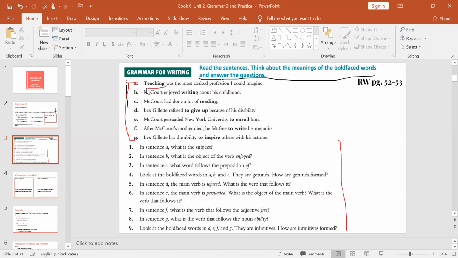It's teaching. Now, how do we know that that's the subject? This is a general rule in English, okay?